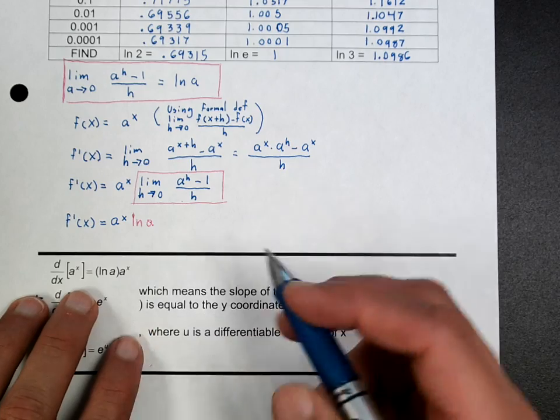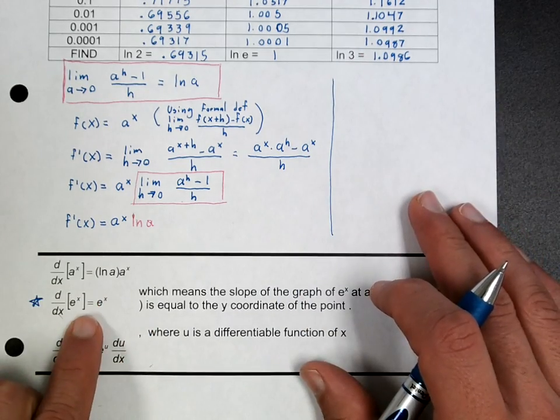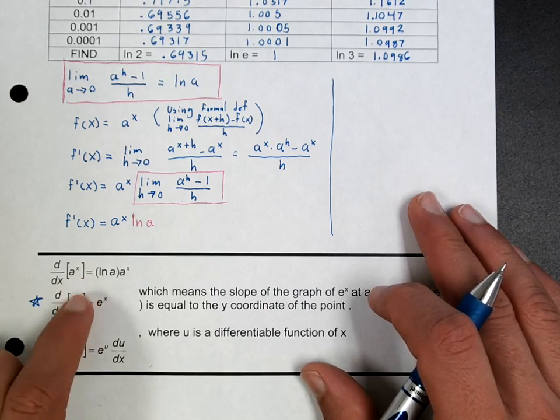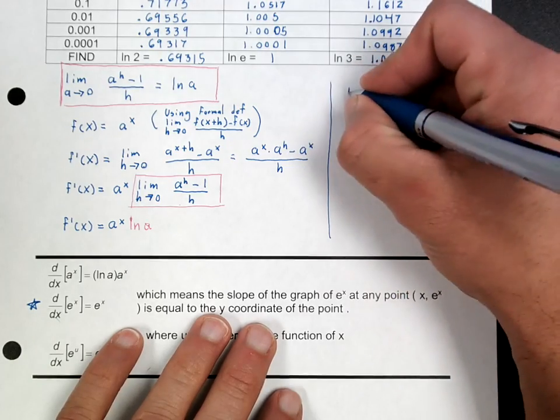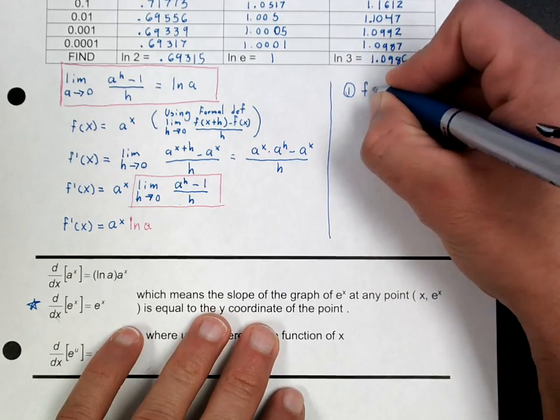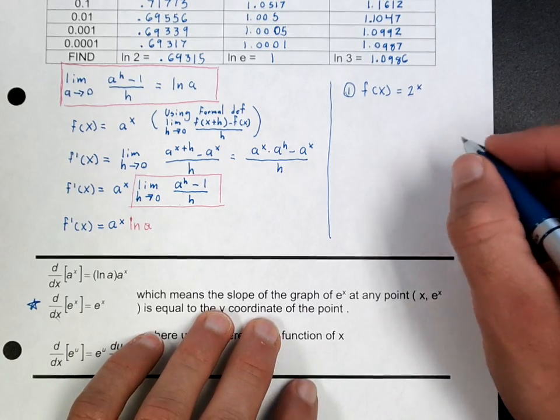Okay, so I'm going to write an example here that also proves this next one coming up, because this one and this one are related. This one came from here, but I'm going to show you how. So let's say that I have some example, and I'm trying to look for the derivative of 2 to the x power.